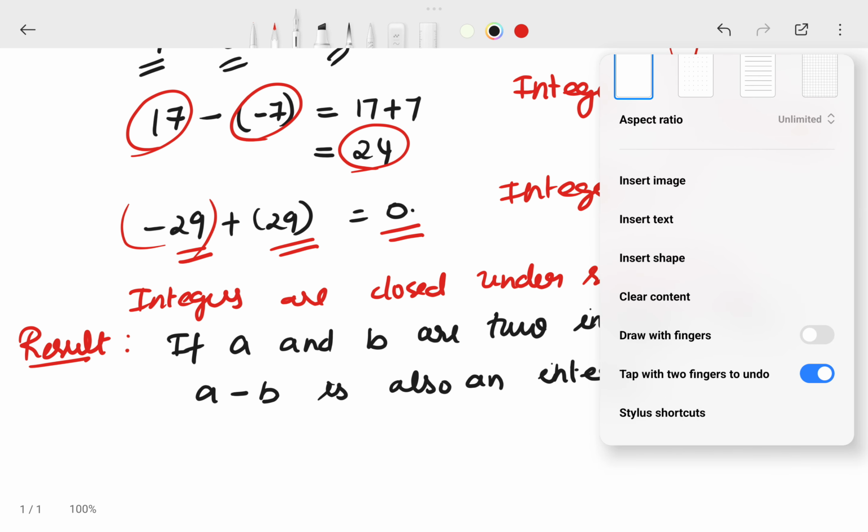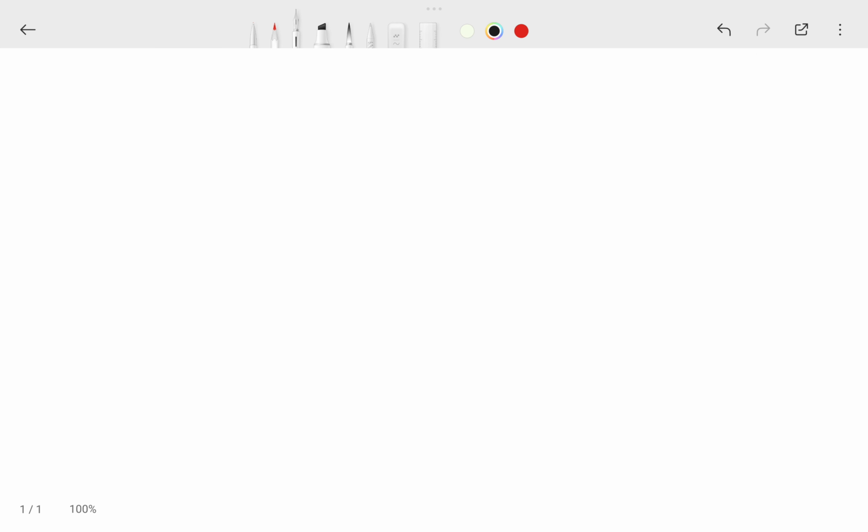So now we will jump on to the next property, that is the commutative property.